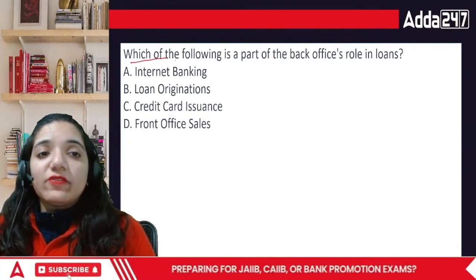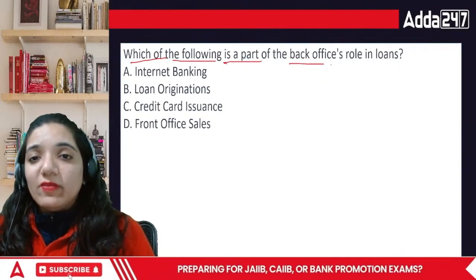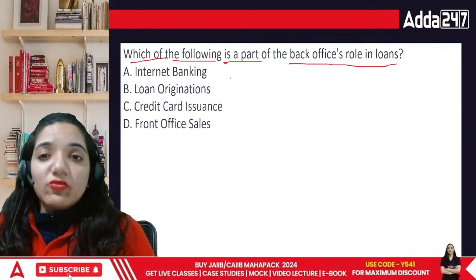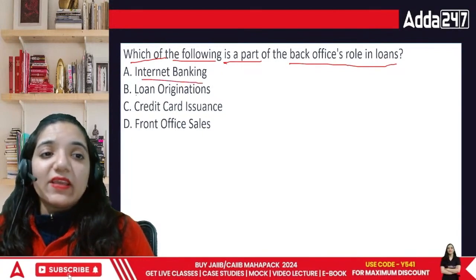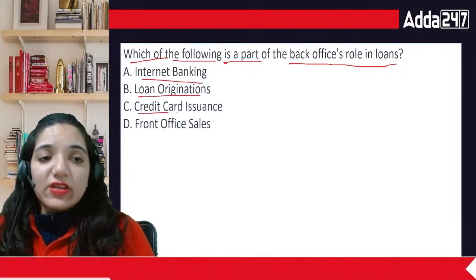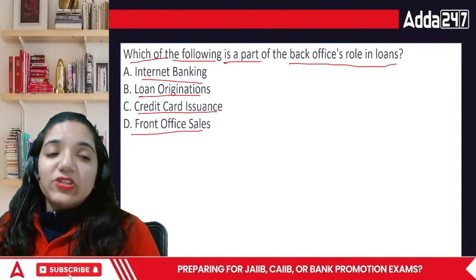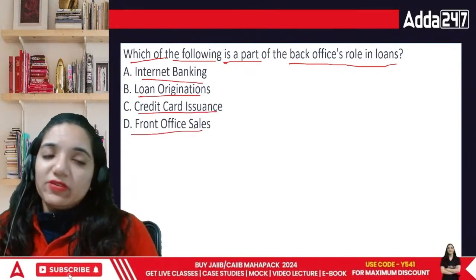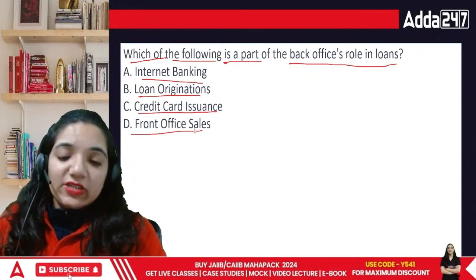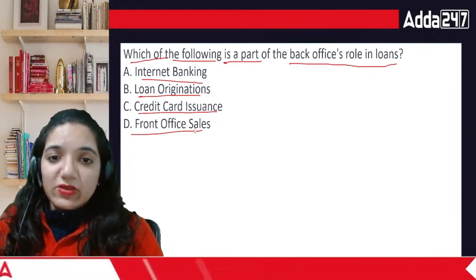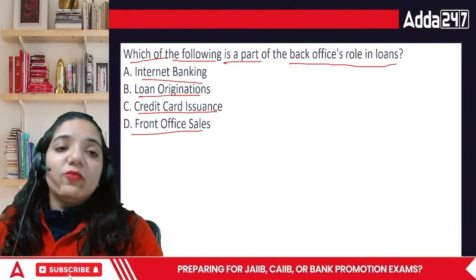Now, which of the following is a part of the back office role in loans? Internet banking, loan origination, credit card issuance, or front office sales? Front office sales is out because that is the work of the front office, so we can keep it out of this window. Then what does the back office take care of?